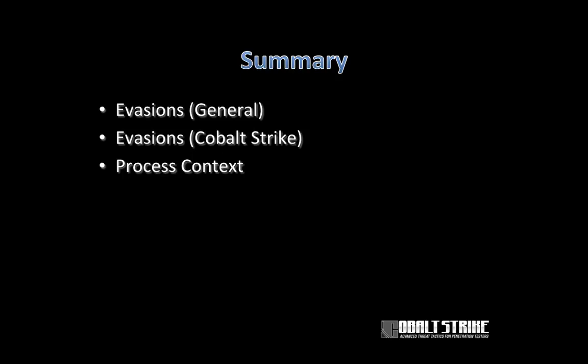I also explained how to influence your process context so that when you're performing offensive actions, you are doing so from a more plausible process tree. This is a big deal because the process context you're in determines how high of a threshold your actions need to pass before they're considered malicious by an automated solution. So good session prepping, good process context can buy you a lot. This concludes part 3 of In-Memory Evasion.